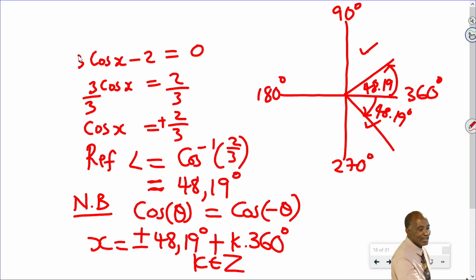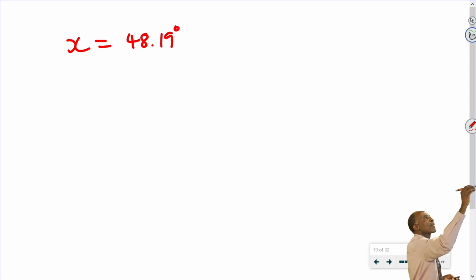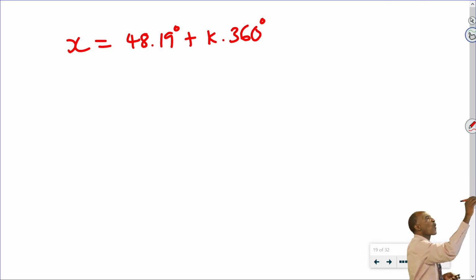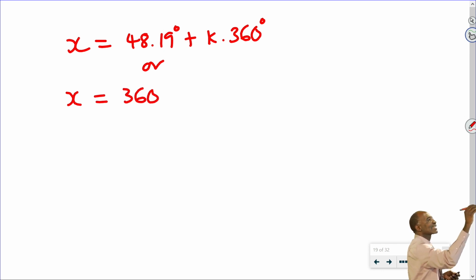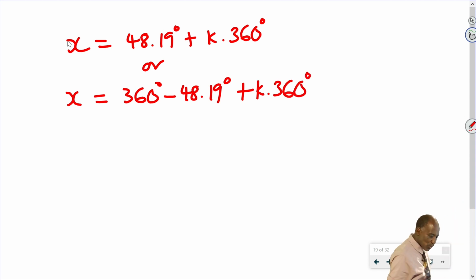But otherwise, if you don't want to use plus or minus, you can still say your x equals 48.19 degrees plus k 360 degrees. Or you go to the fourth quadrant, x equals 360 degrees minus that 48.19 degrees, then plus your k 360 degrees. This is if you want to separate the two and have different solutions.